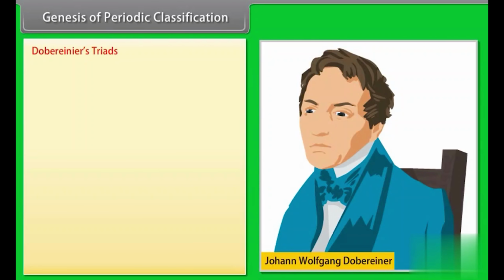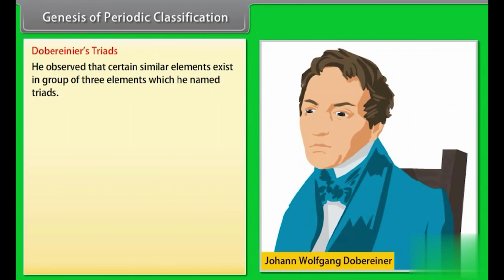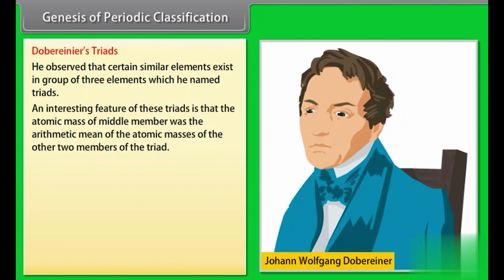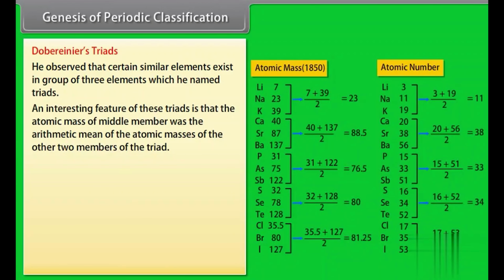Genesis of periodic classification. Dobereiner's Triads. He observed that certain similar elements exist in groups of 3 elements, which he named triads. An interesting feature of these triads is that the atomic mass of the middle member was the arithmetic mean of the atomic masses of the other 2 members of the triad.